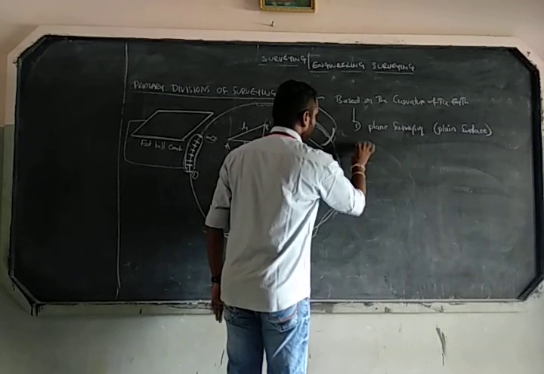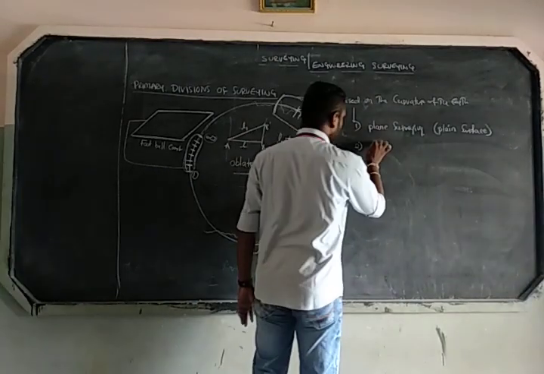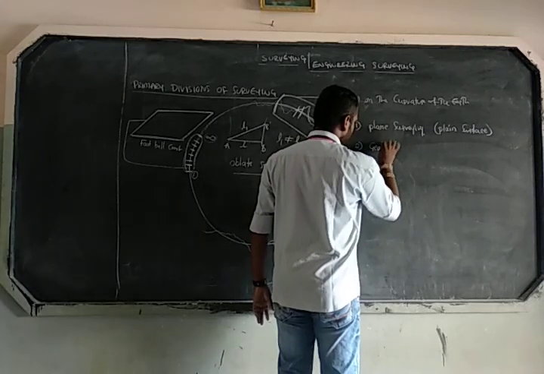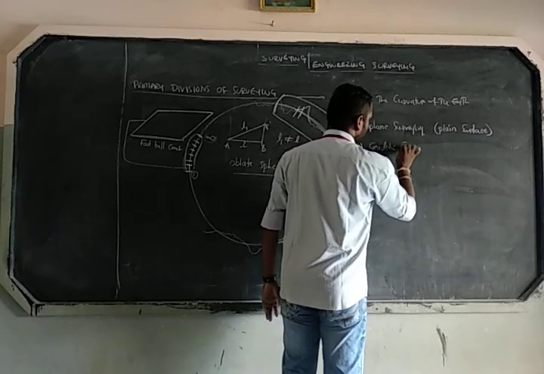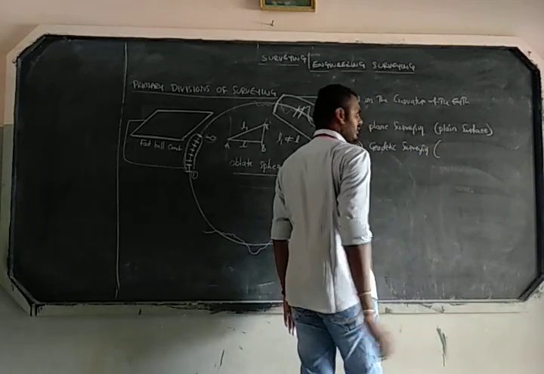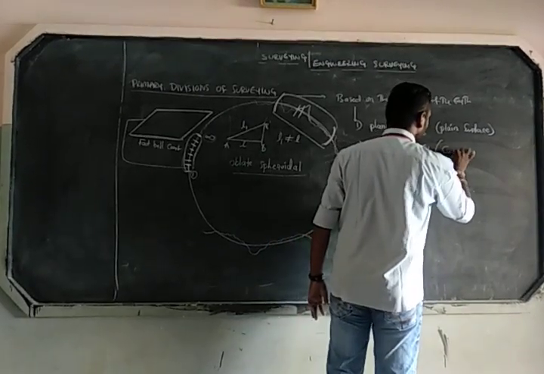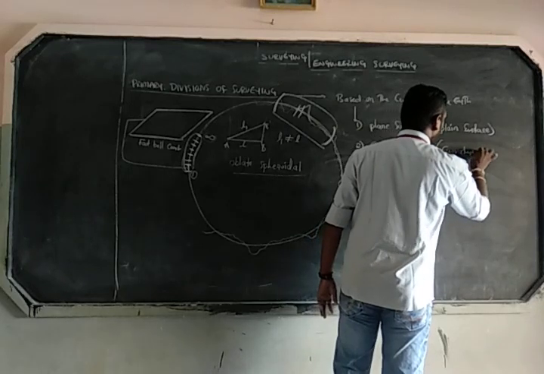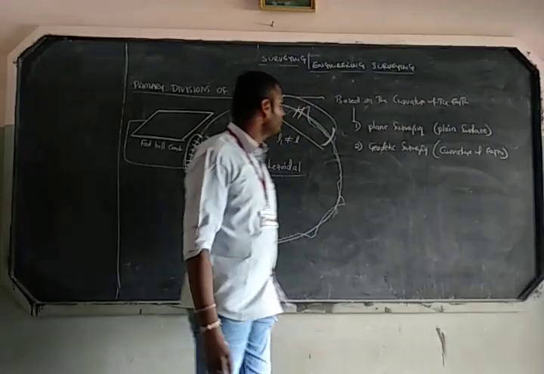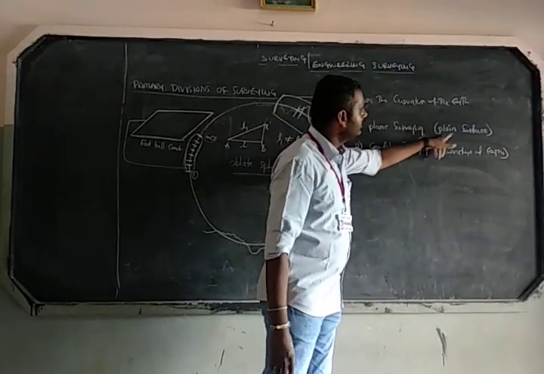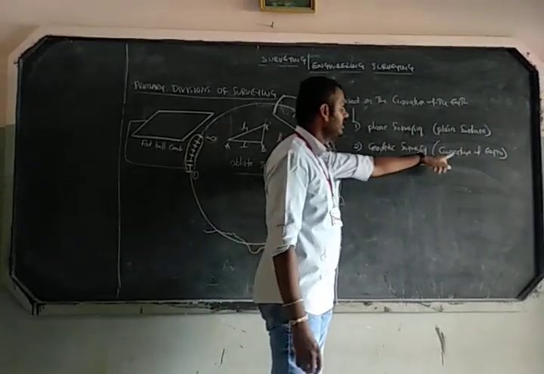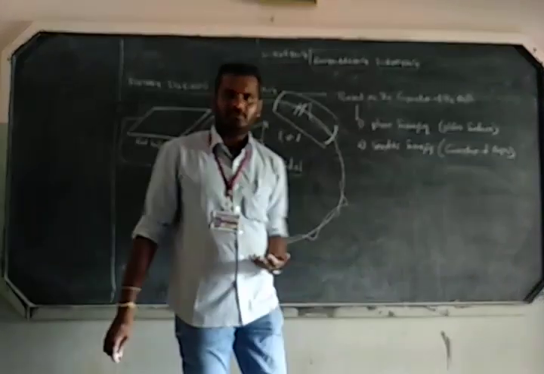And the second one is geodetic surveying, where we study about the curvature of the earth. So plane surveying talks regarding plane surfaces, and geodetic surveying talks regarding the curvature of the earth.